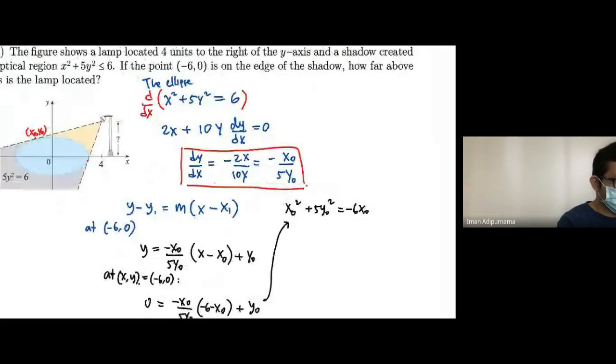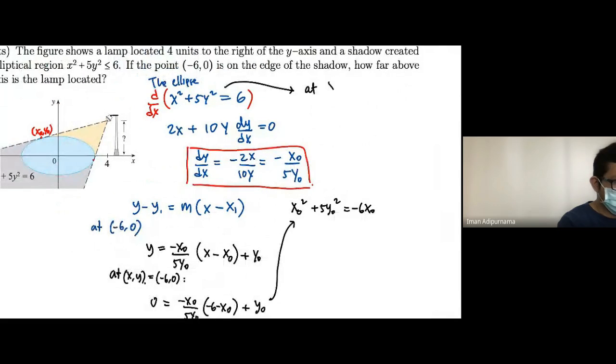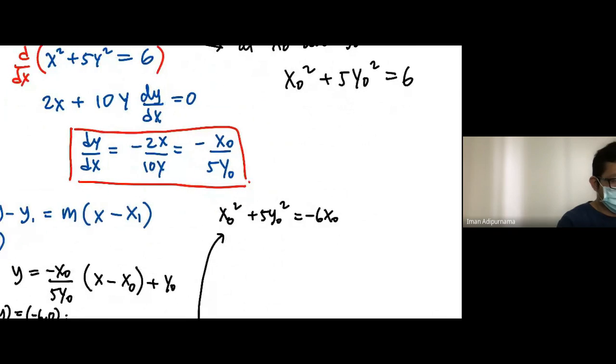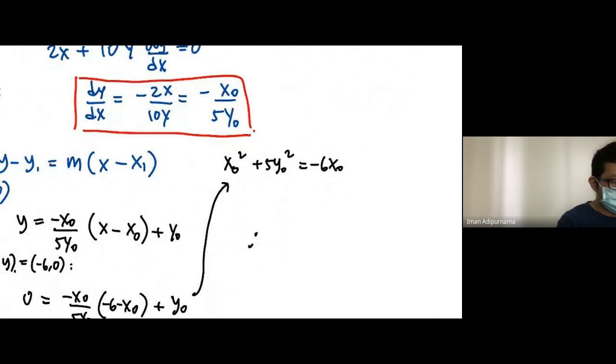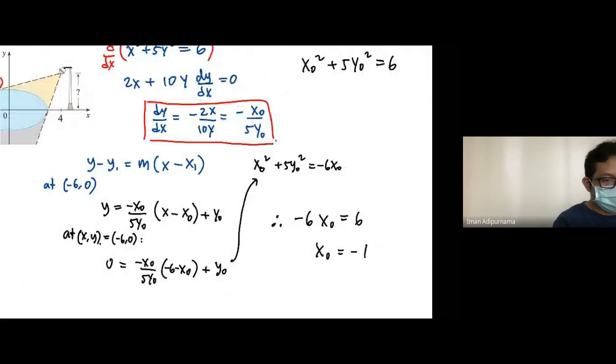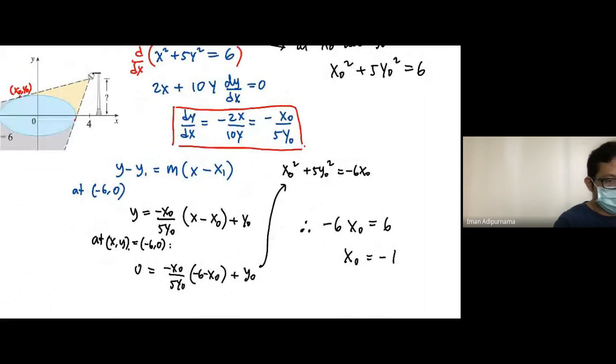And then from here, at X0 and Y0, we know that this is equal to this. Okay. So in the conclusion, negative 6 X0 is equal to 6. So our formula for X is negative 1.